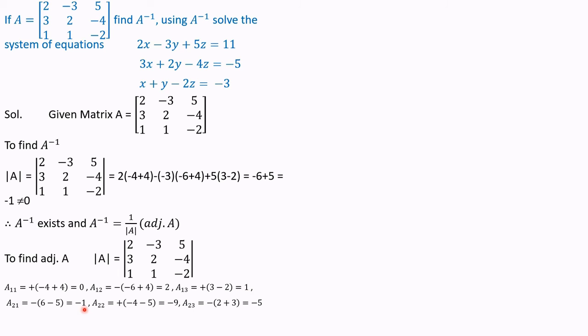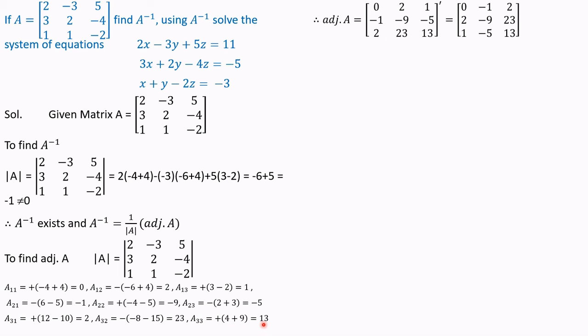A21 is minus 1, A22 is minus 9, and A23 is minus 5. A31 is plus of 12 minus 10, that is 2. A32 is minus of minus 8 minus 15, that is 23. A33 is plus of 4 plus 9, that is 13.